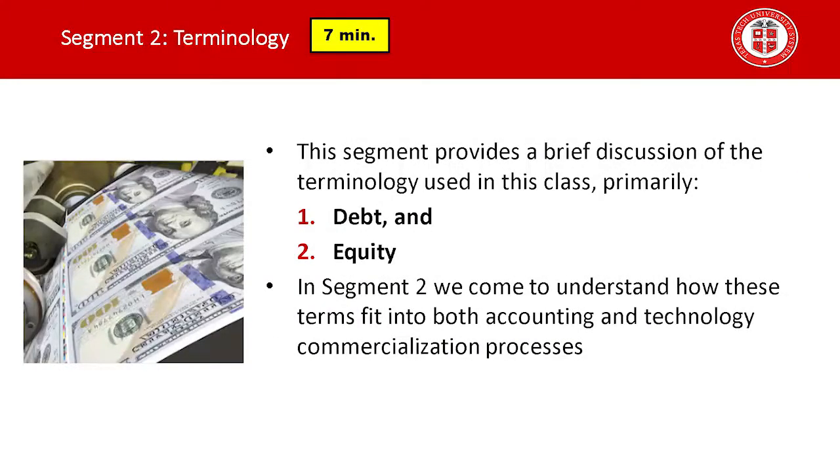In segment 2, we review some terminology for about 7 minutes. It provides a brief discussion of the terminology used in this class, primarily debt and equity. So in segment 2, we come to understand how these terms fit both into accounting, which you're taking concurrently with this class, and technology commercialization processes.